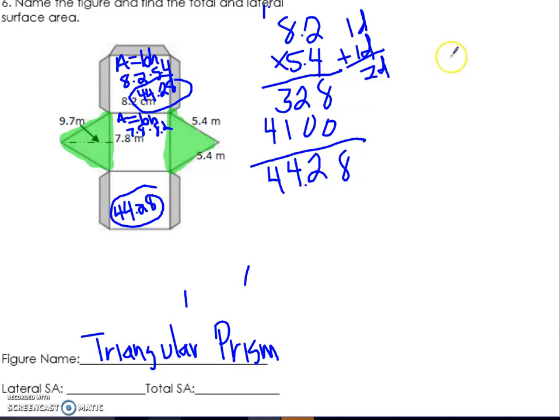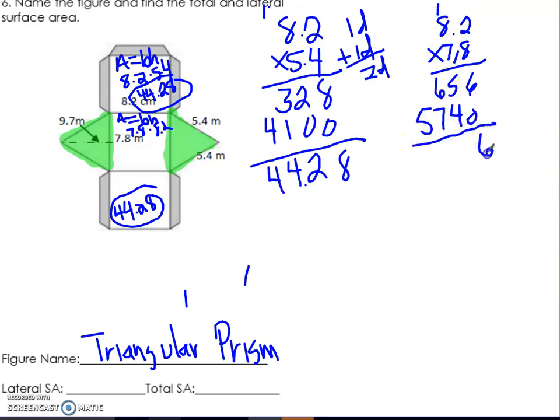So we have 8.2 times 7.8. 8 times 2 is 16. 8 times 8 is 64, plus 1 is 65. 7 times 2 is 14. 7 times 8 is 56, plus 1 is 57. Add it up, we got 6, 9, 13, 6. 1D plus 1D is 2D. So we have 63.96.